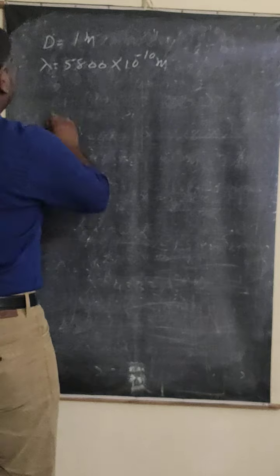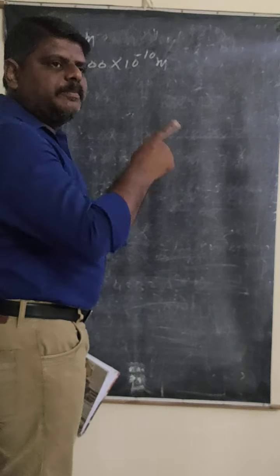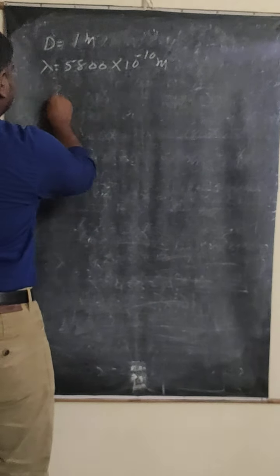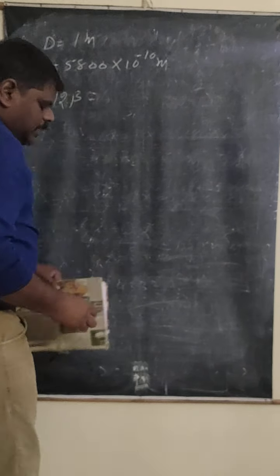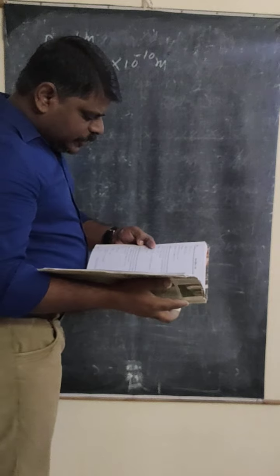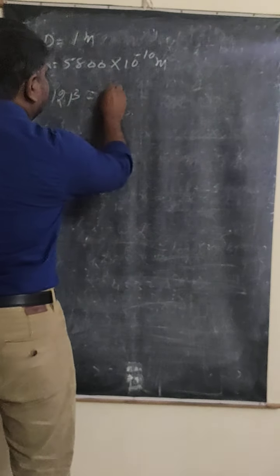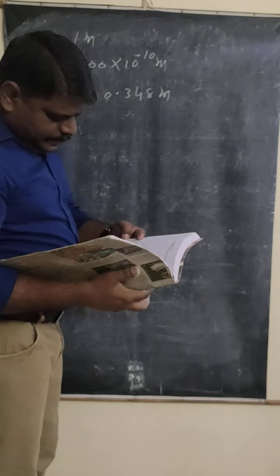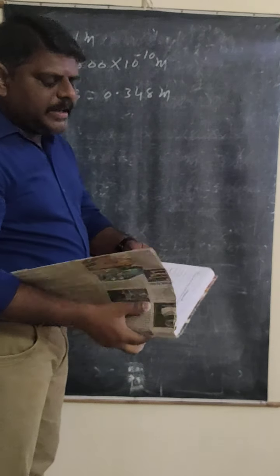Next, the distance of the 6 bright bands on the upside and 6 on the downside, that means total 12 beta, is given as 0.348. It is given directly in meters.